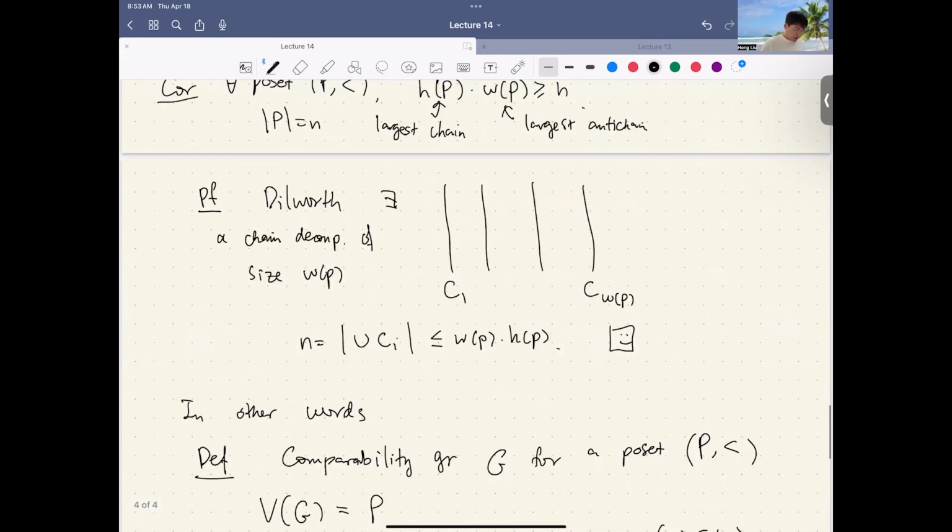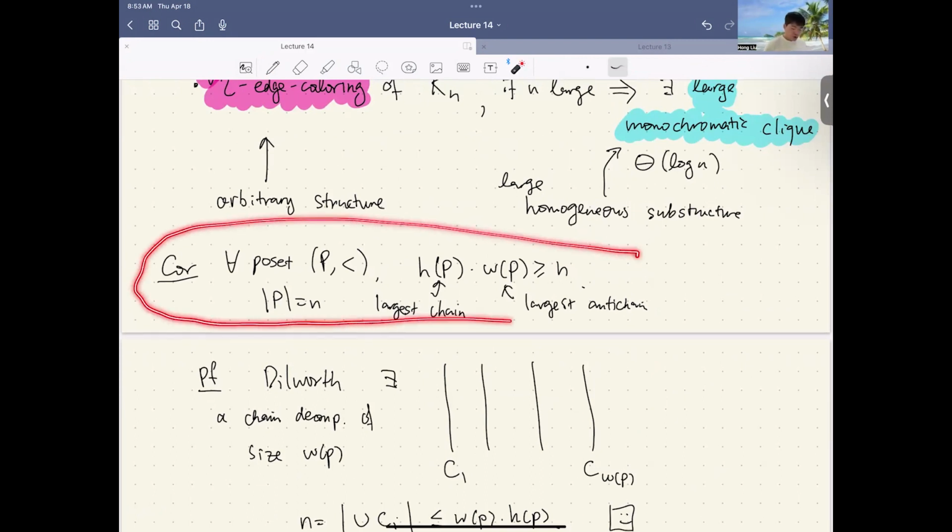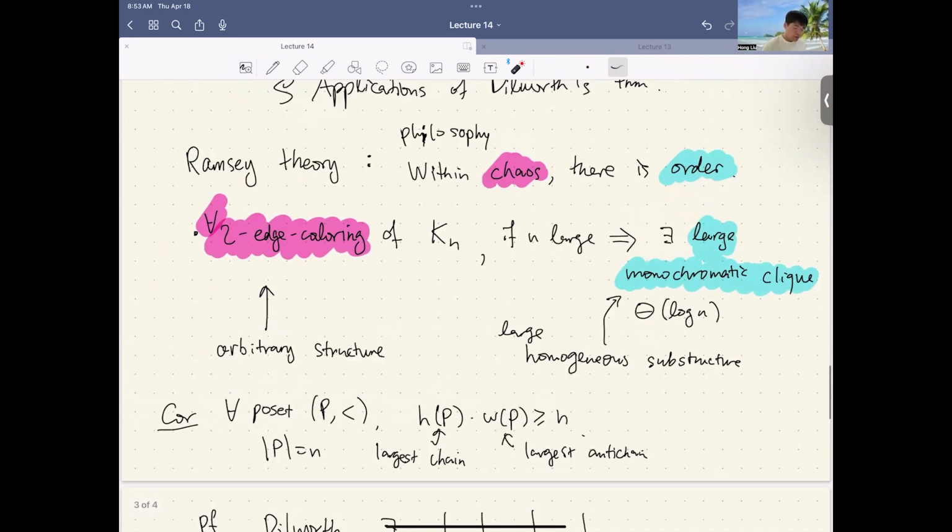So let's look at applications of the dual theorem, in particular, applications of this stronger Ramsey statement to obtain some stronger Ramsey statements for geometrically defined objects. All right, again, what does a Ramsey statement mean? We start with some structure. In this case, we will see a collection of geometric objects.